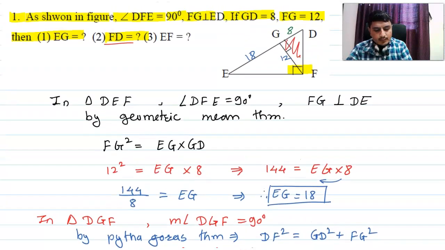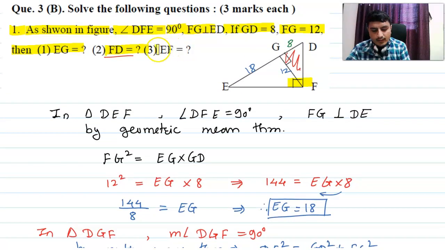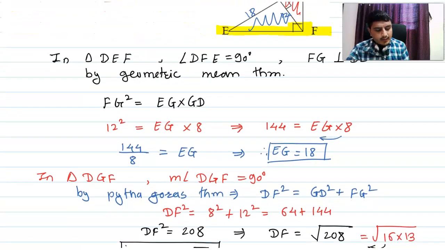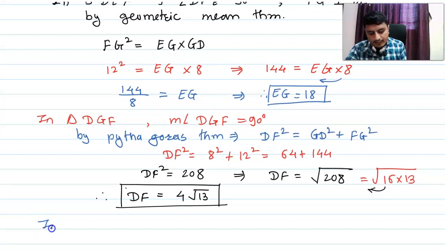Look at the last sub question. We have to evaluate EF now. EF is the hypotenuse of this blue shaded triangle, EGF. So in triangle EGF, the measure of angle EGF is equal to 90 degrees.